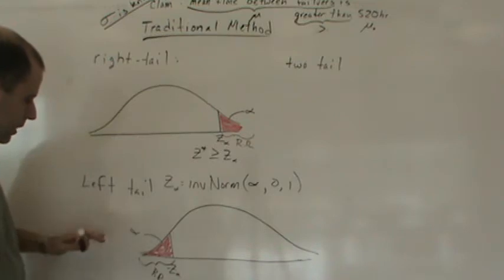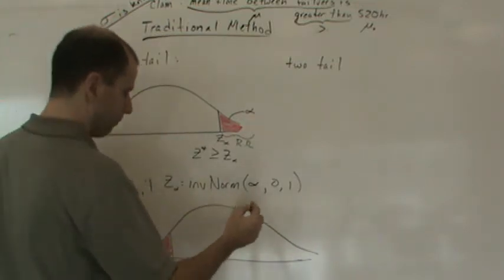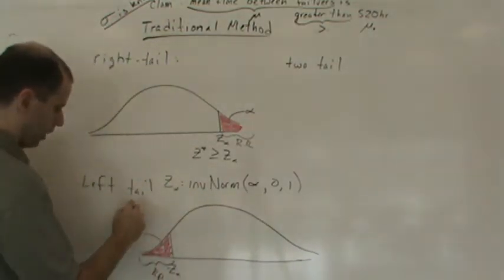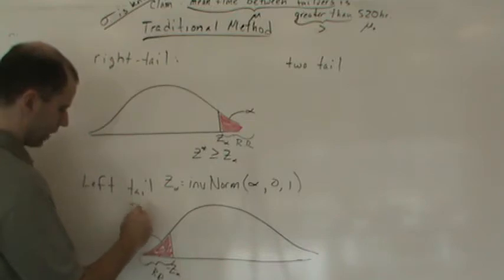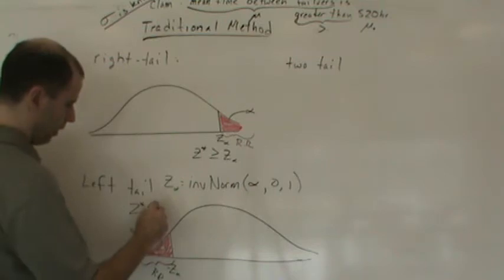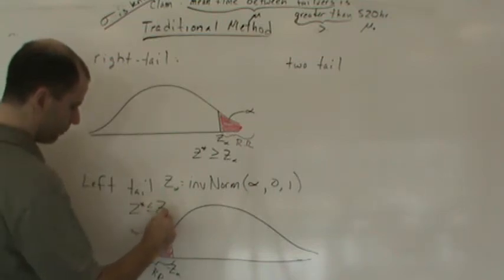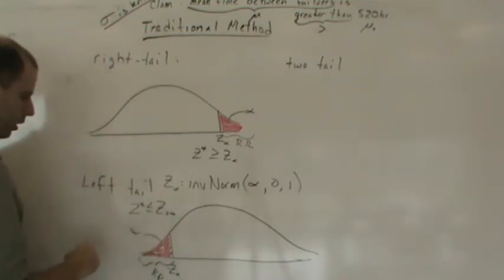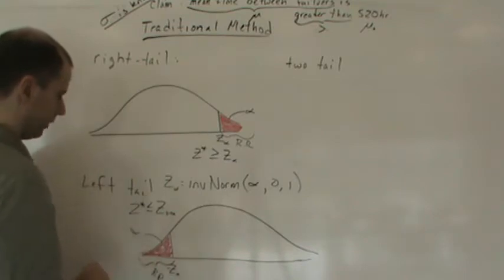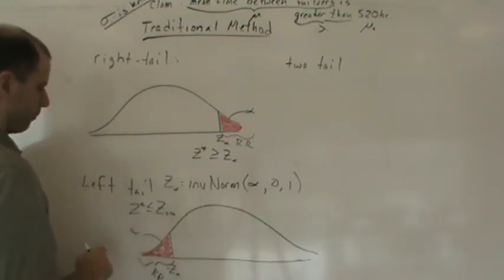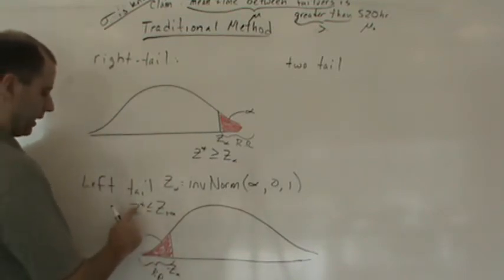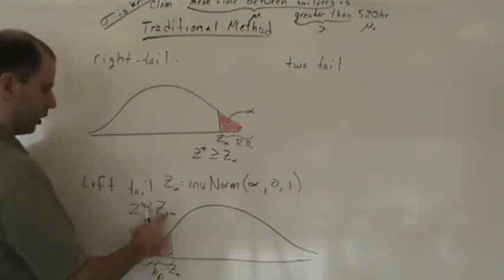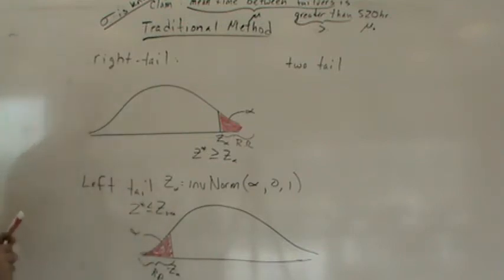For a left-tailed test, that means we reject if z star is less than or equal to z sub 1 minus alpha, or the negative z alpha. So again, if z star is less than or equal to our critical value.